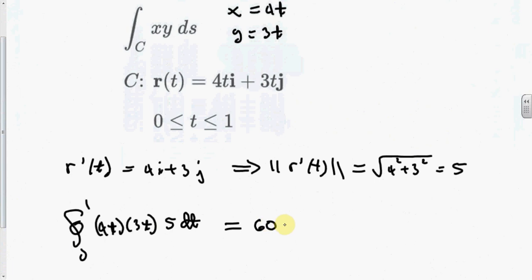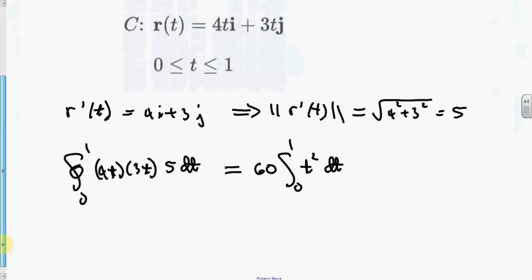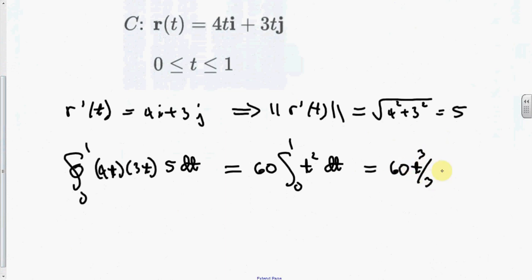So this is 60 out in the front, the integral from 0 to 1 of t squared dt. So this is 60 t to the third over 3, evaluated from 0 to 1. Just get 20.